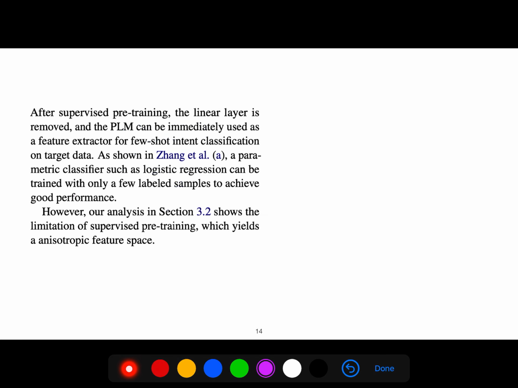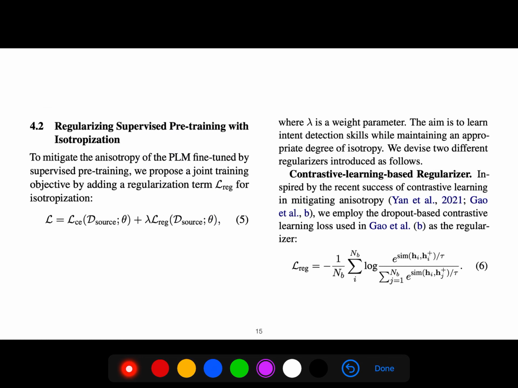After supervised pre-training, the linear layer is removed, and the pre-trained language model can be immediately used as a feature extractor for few-shot intent classification on the target data. But to mitigate the anisotropy of the pre-trained language model, we propose a joint training, where we regularize the loss.